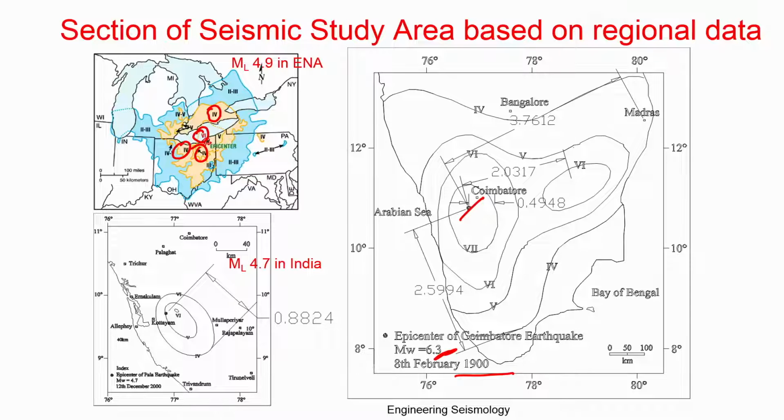For those places, you have to consider a much larger seismic study area. In this particular case, it shows a maximum distance of close to 3.76 degrees, which multiplied by 110 gives close to a 450 or 500 kilometer radius. So this is how you can select a seismic study area.